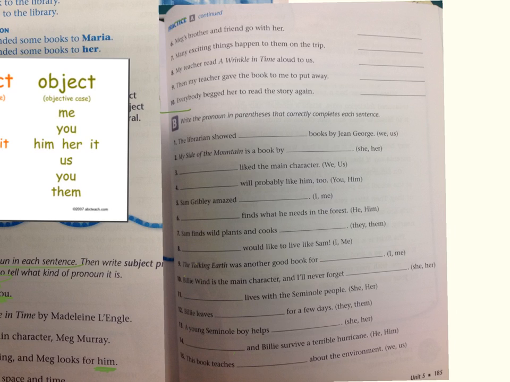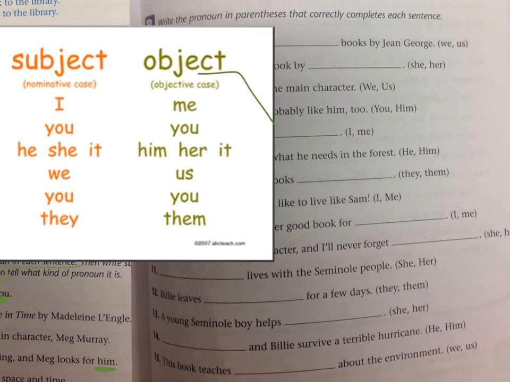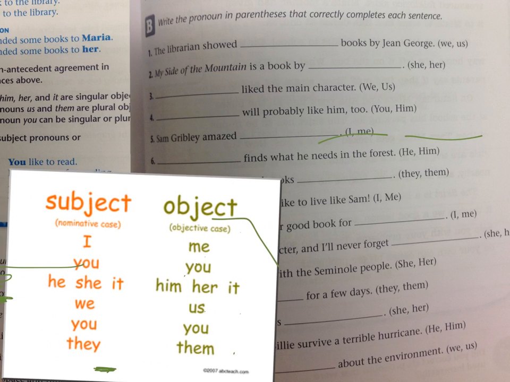You also have for homework section B. So for section B, the instructions tell you to write the pronoun in parentheses that correctly completes each sentence. All right. So we need to decide, is it a subject pronoun or is an object pronoun that is going to go in the blank? So once again, if you look at our little chart here, I'm just going to put it here to the bottom.